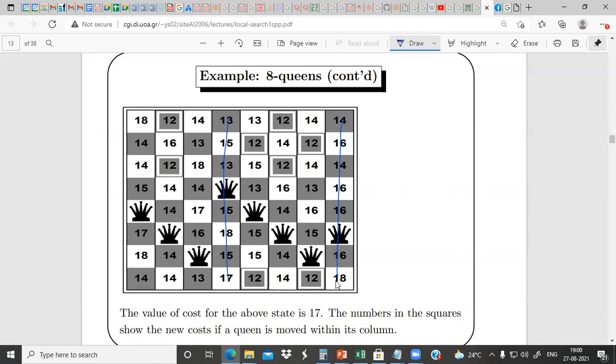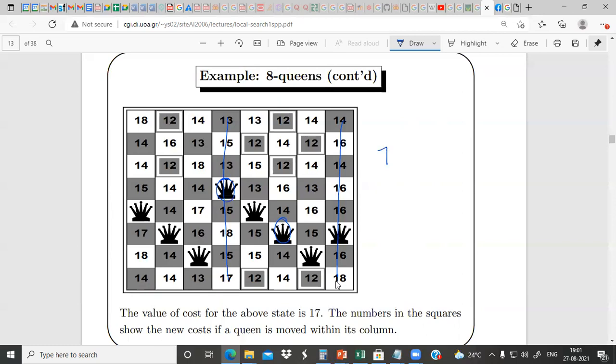How many possible moves can each queen have?